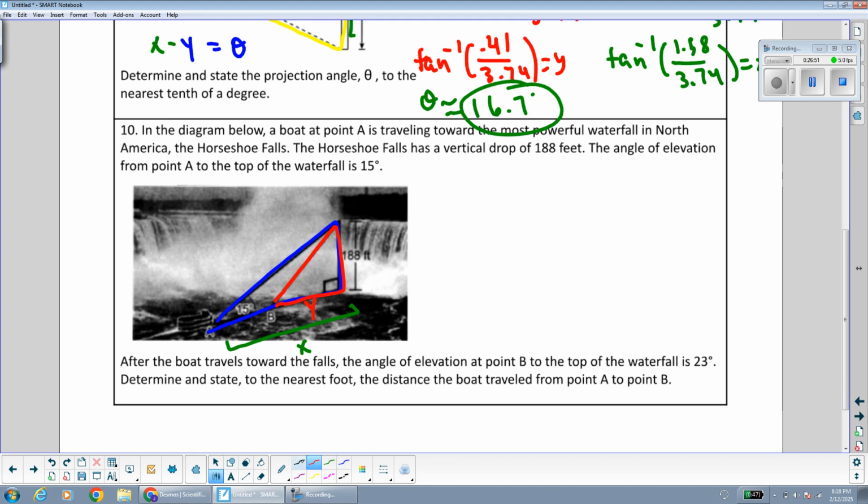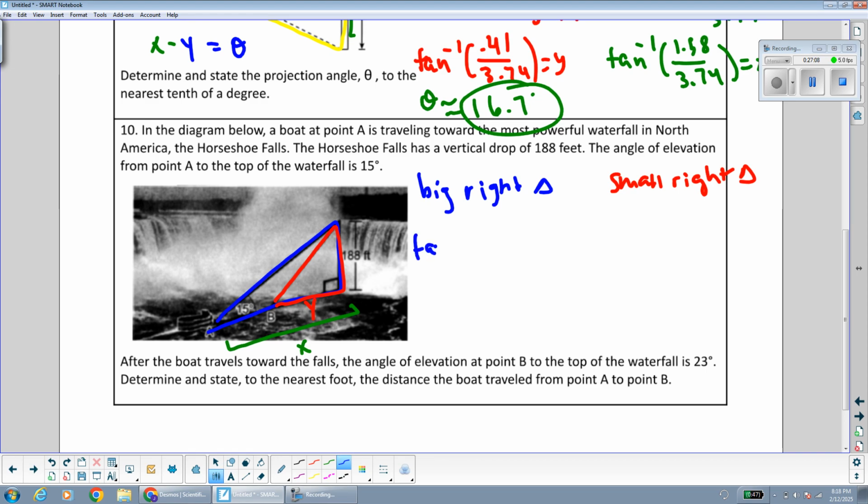So just like before, I'm going to make a spot for big right triangle, and I'm going to make a spot for small right triangle. Now I did it in the right order for subtracting, so that's not going to be confusing.